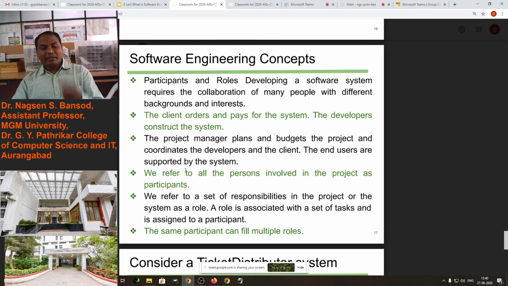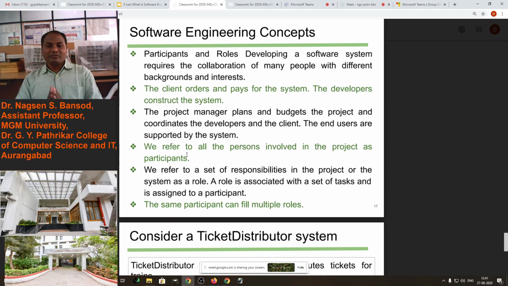Like we have given the role to the client to order and purchase the product, and the developer has the role to construct the system, to construct the functionalities in the software. The project management plans and budgets the project, and the coordinator coordinates the developers and the client. The end user is supported by the system.